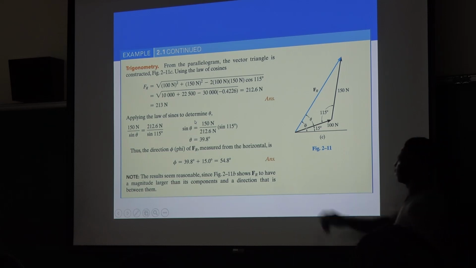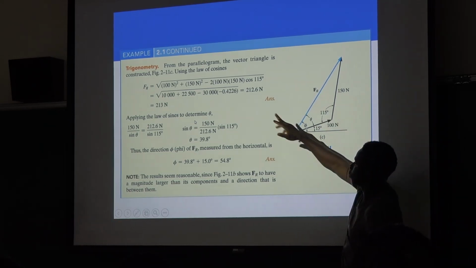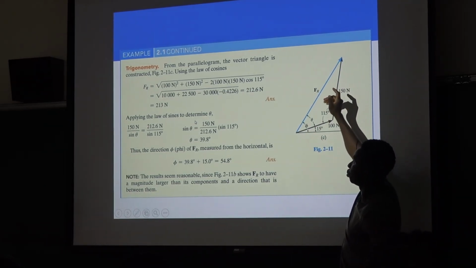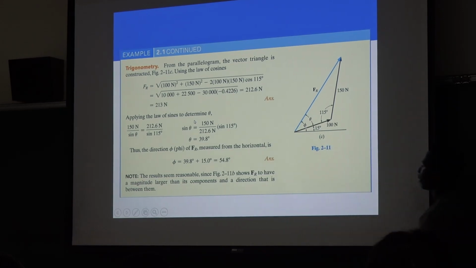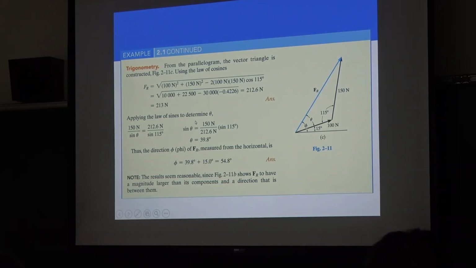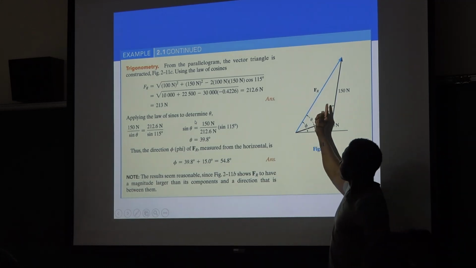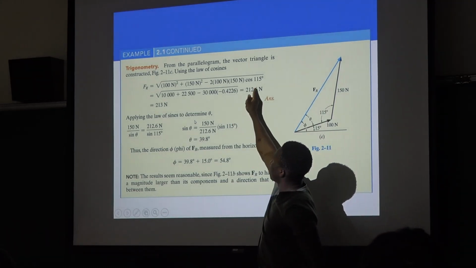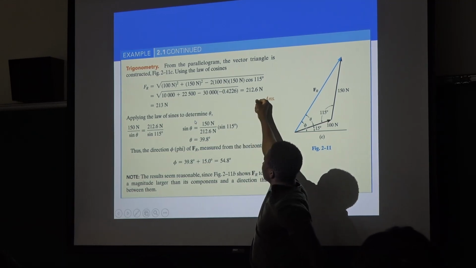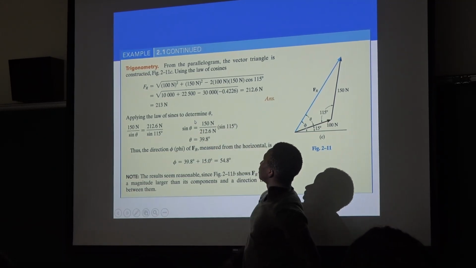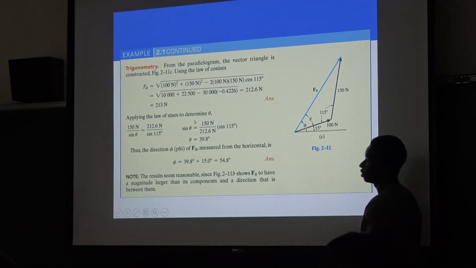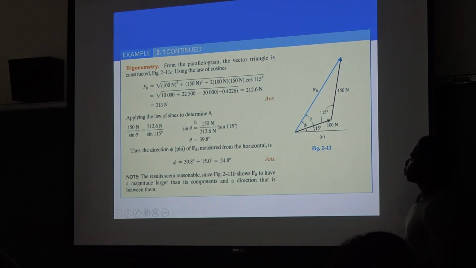That is FR squared equals F1 squared plus F2 squared minus 2 times F1 times F2 times cosine of the angle, which is 115 that we already got over there. Once you substitute that, you can easily get this value, which is 212.6, which can be rounded up to 213.